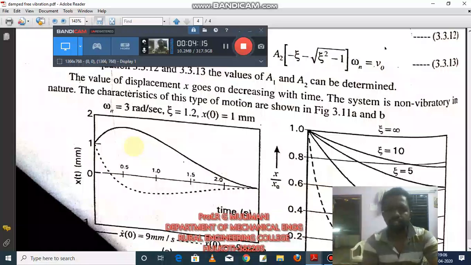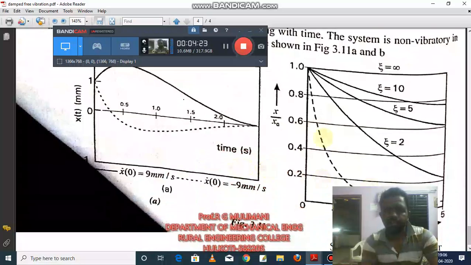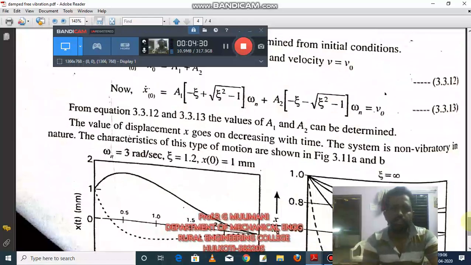If zeta is less than 1, then for the underdamped system you will see the periodic nature. These two figures are very important. You have to mention these two figures in the exam. This is the response of the overdamped system.